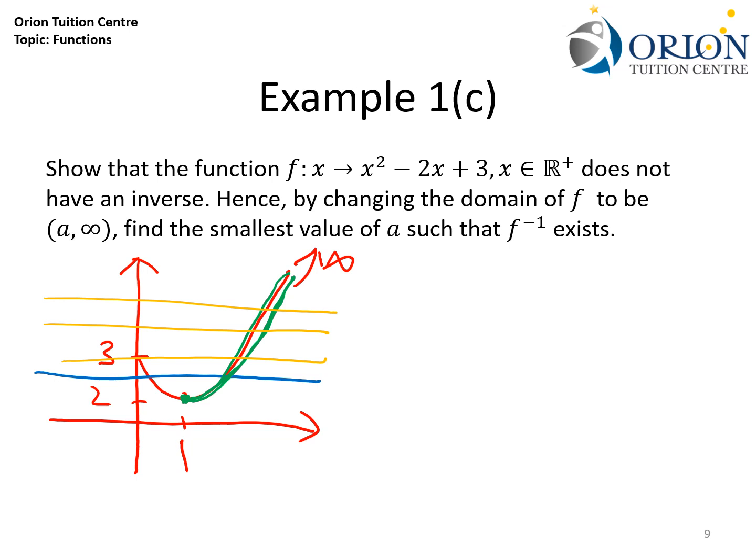And therefore now, when we change the domain into the domain of the green curve, we know that it is going to be a 1-1 function, and therefore the inverse is going to exist. And in this case, we can say that the new domain of f is going to be from 1 to infinity, including 1, excluding infinity, which means the minimum value of a will be 1.